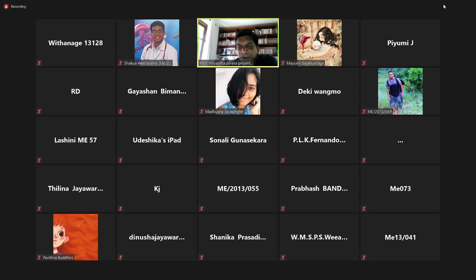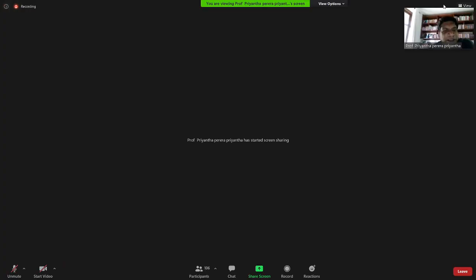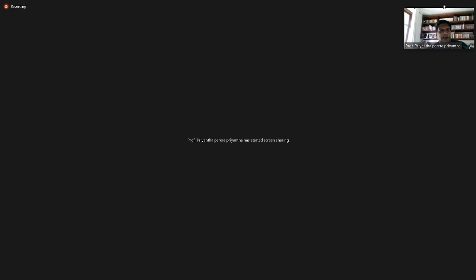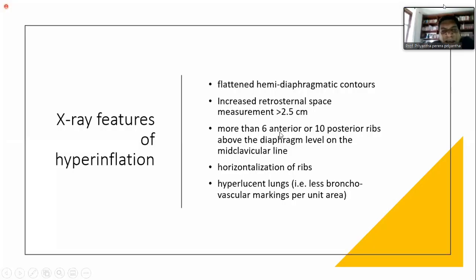So how do you diagnose actual hyperinflation? One thing is flattening of the diaphragm, but for you to actually diagnose hyperinflation, you have to take a lateral film, rather than an AP film.